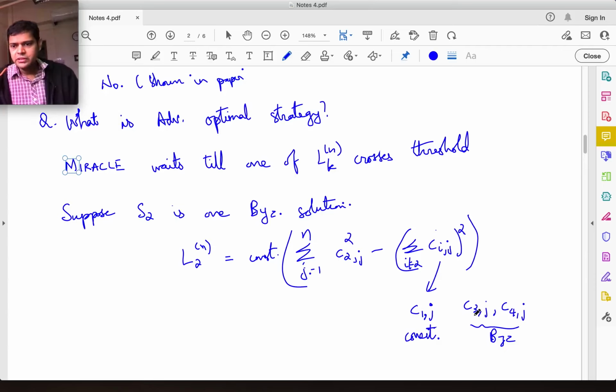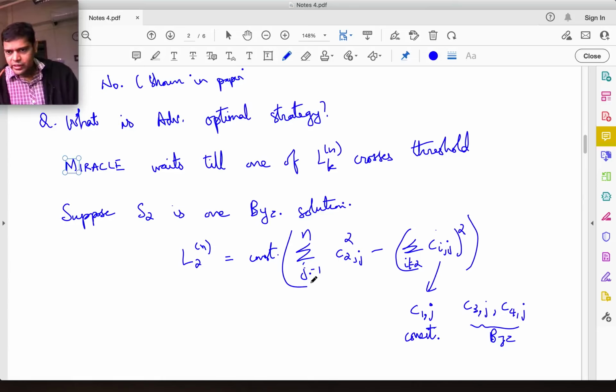Now if the adversary submits many solutions, he is actually pulling down the value of his own likelihood for L2. So he is hurting himself. He is reducing his own likelihood, this particular likelihood L2, right?